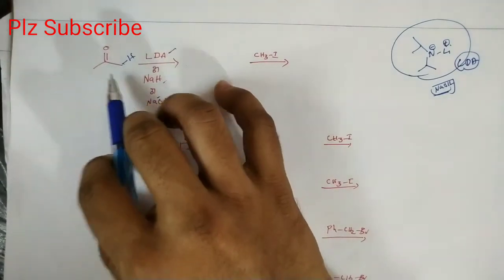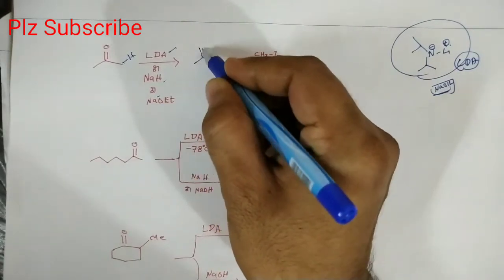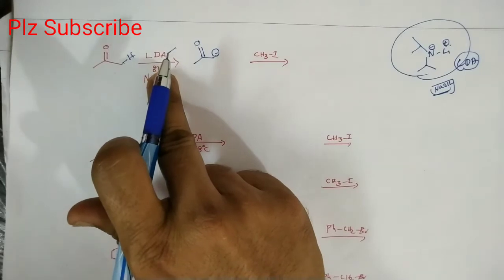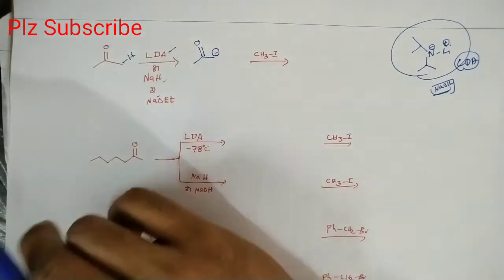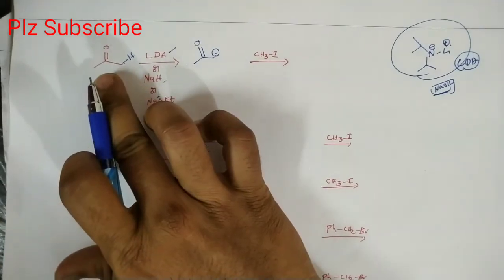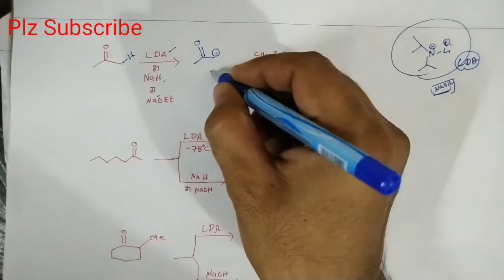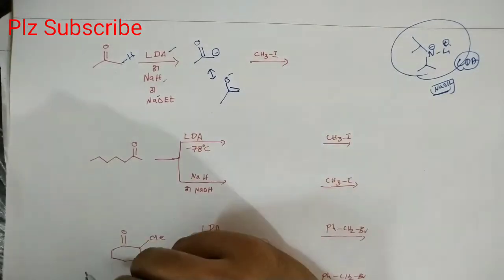Because the total concentration of the ketone must be converted into carbanion. That means the base must be strong, so that it removes the hydrogen from the whole compound. If it is 1 mole, that 1 mole must be converted into carbanion, which is nothing but the enolate ion, that means O minus with the double bond.